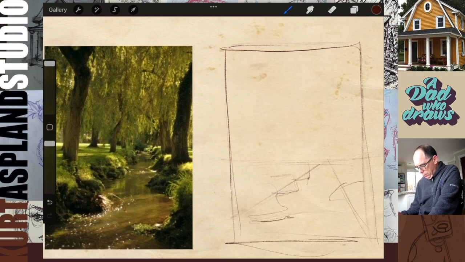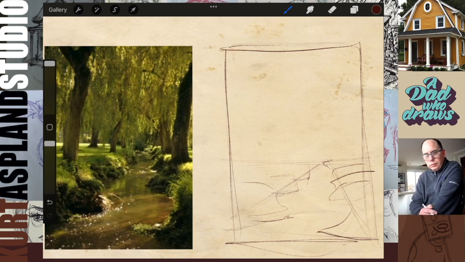I got a shape here, and I can see that it just starts to blend in. This seems to circle around quite a bit there, and this goes off there. I got a tree here, so let's just put something here. Just again, shape, gesture.